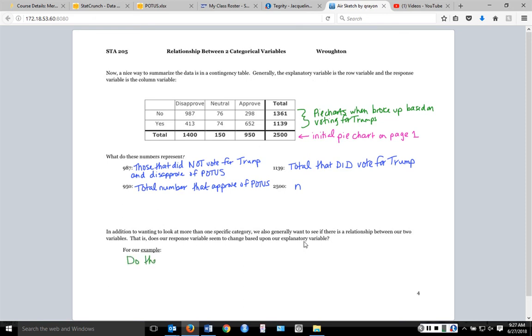So do the feelings about the president, which is our response variable, appear to be different based on if they voted for Trump?